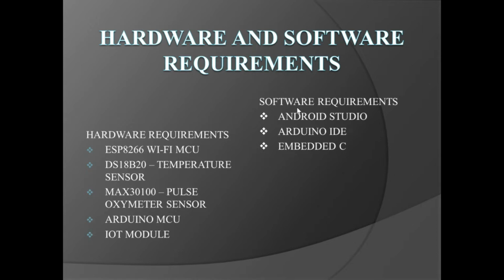Along with that we are using Max 3000, which is used to take the data of our oxygen levels along with the heart rate. The IoT module is used to link the bridge between sensing the data and sending the data to the required place, for instance our edge devices.